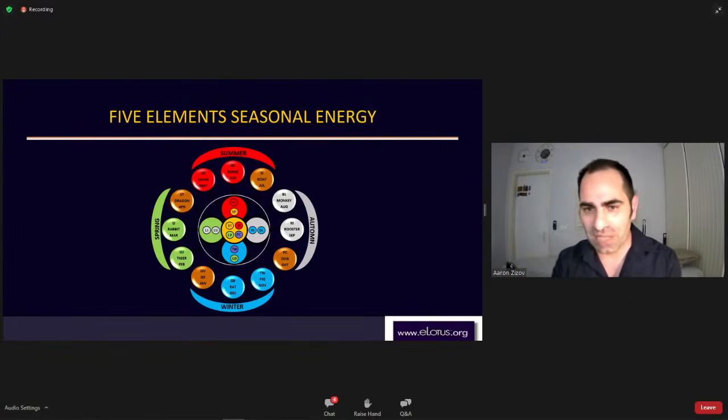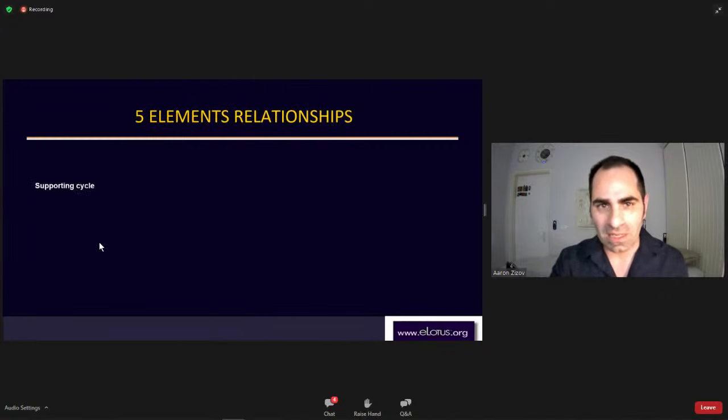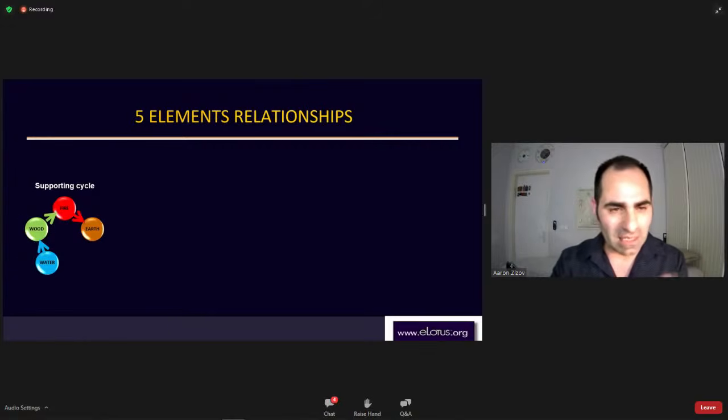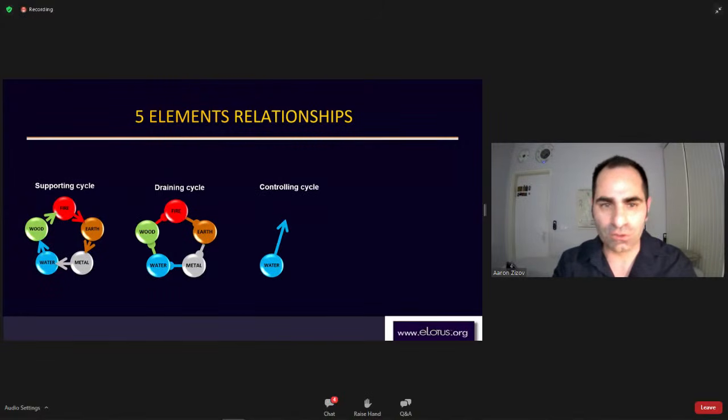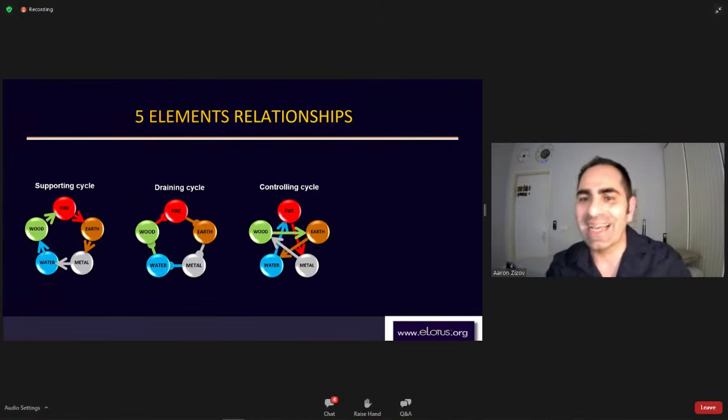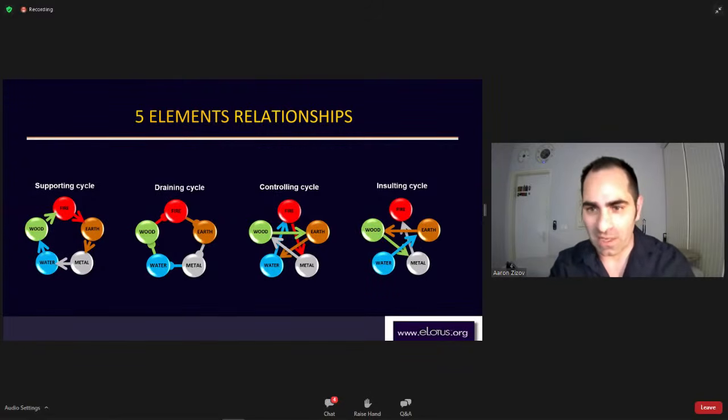I will talk about the different cycles in the 5 elements: the supporting cycle, draining cycle, controlling cycle, and insulting cycle. All of these are connected to the way of the treatment, because eventually it's about the availability of each element in a certain condition or for each specific patient.